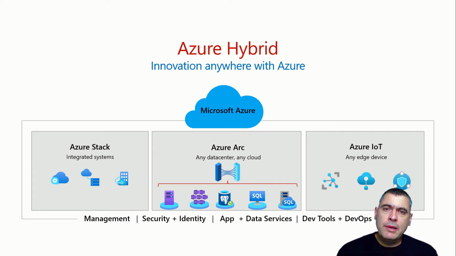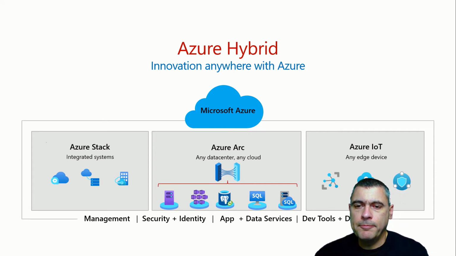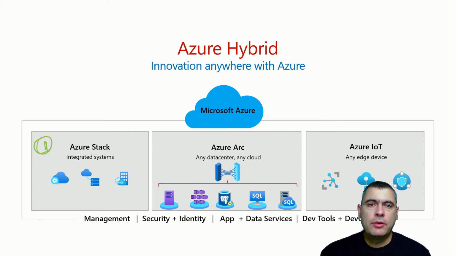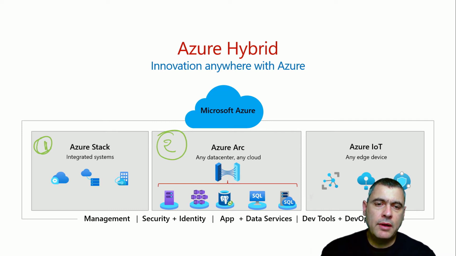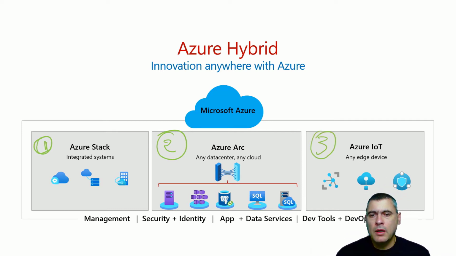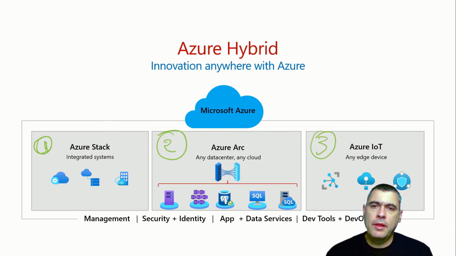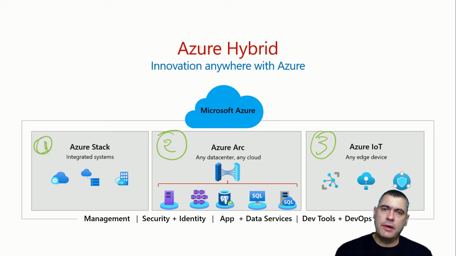And there are three pillars to Azure Hybrid. One is Azure Stack. Number two is Azure Arc. And three is Azure IoT. So Azure Stack is the form factor of Azure services where Microsoft provides the hardware and the software. So that's very key to realize. Microsoft provides hardware and software for Azure Stack type of services.